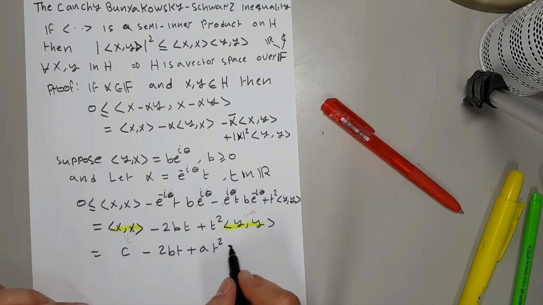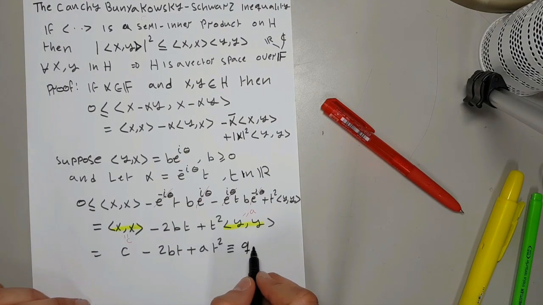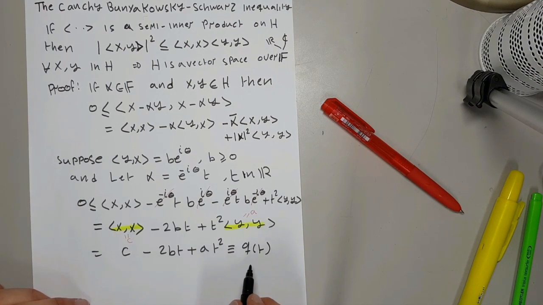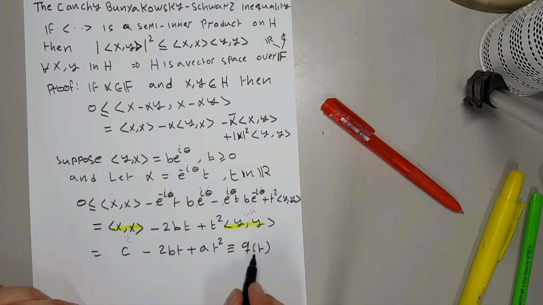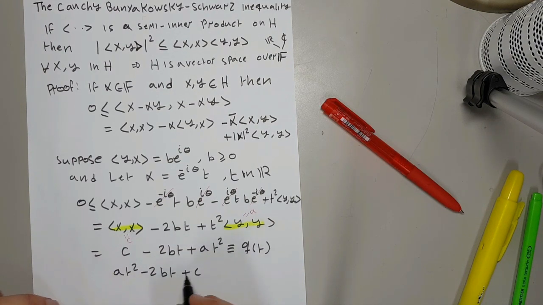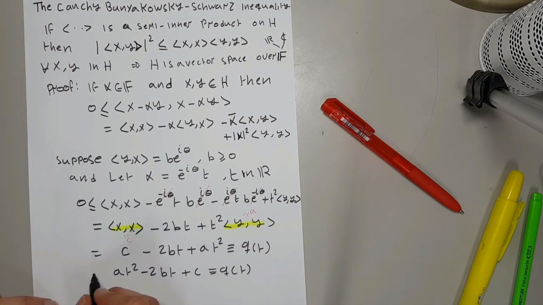Now let's suppose this is q of t, a quadratic polynomial: a t squared minus 2bt plus c. So this is q of t, and it is greater than or equal to 0.